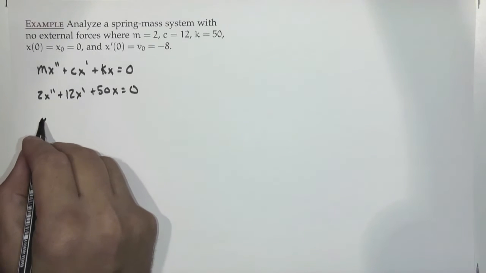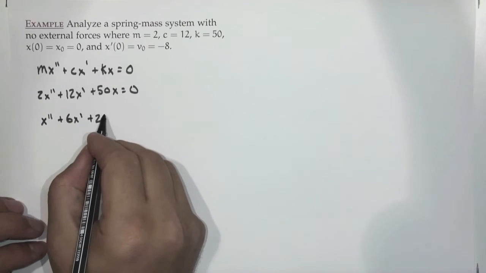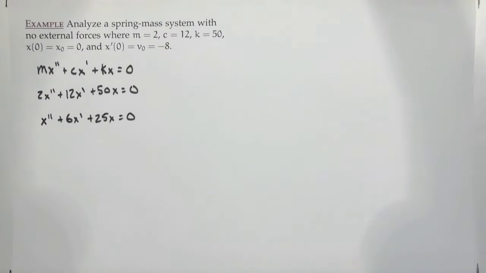Divide out by 2. I like getting rid of common factors. Okay, so now this is constant coefficient, linear, homogeneous, our favorite kind of differential equation, because we can take a differential equation problem and turn it into an algebra problem. And of course we love algebra.